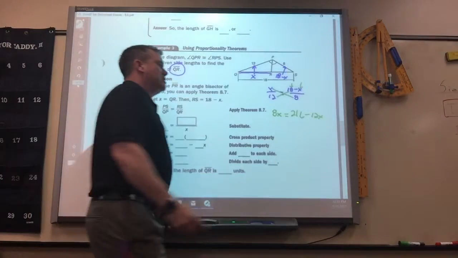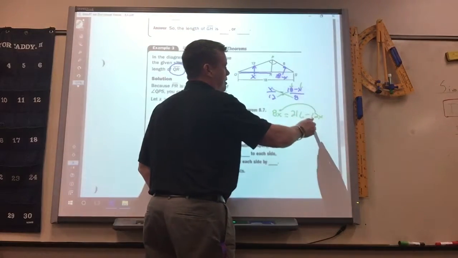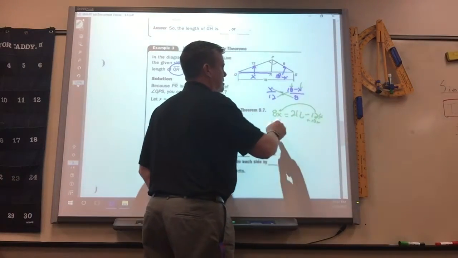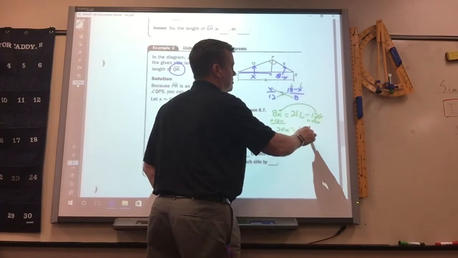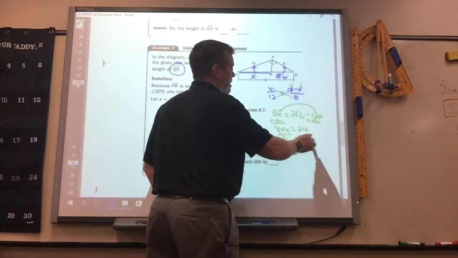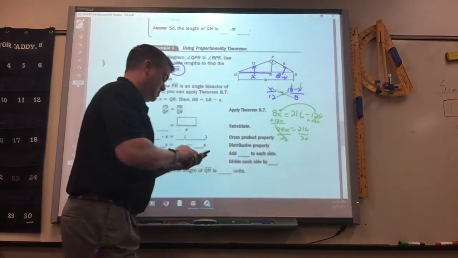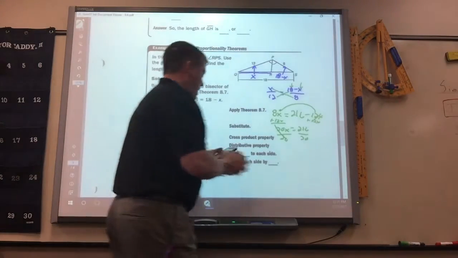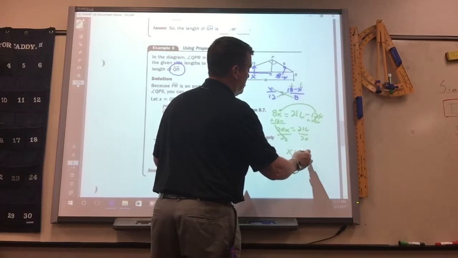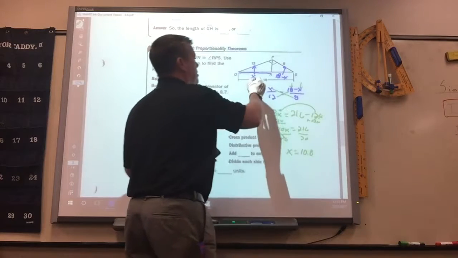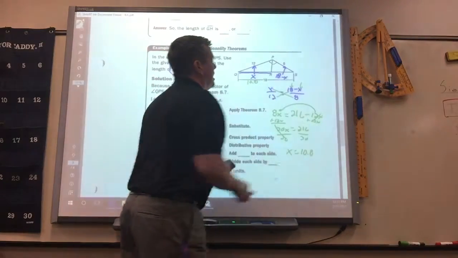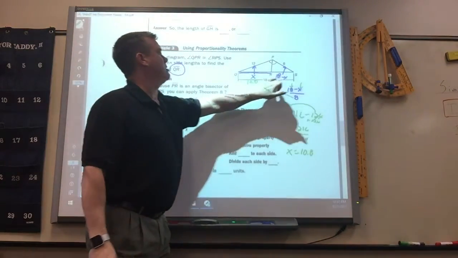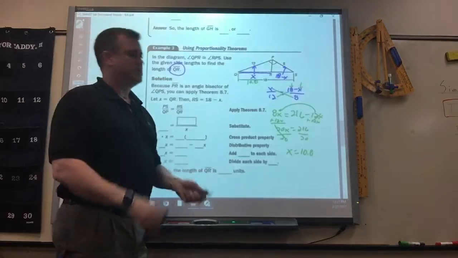Okay. So when you solve it, get the X over here, it's a minus, so you add it, get it over with the other X. Divide by 20, and it's 10.8. So QR is 10.8. If they were asking for RS, you would just take 18 minus 10.8. 7.2.